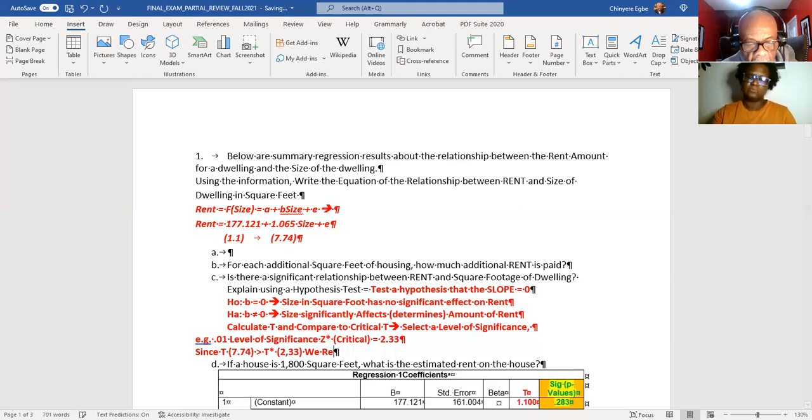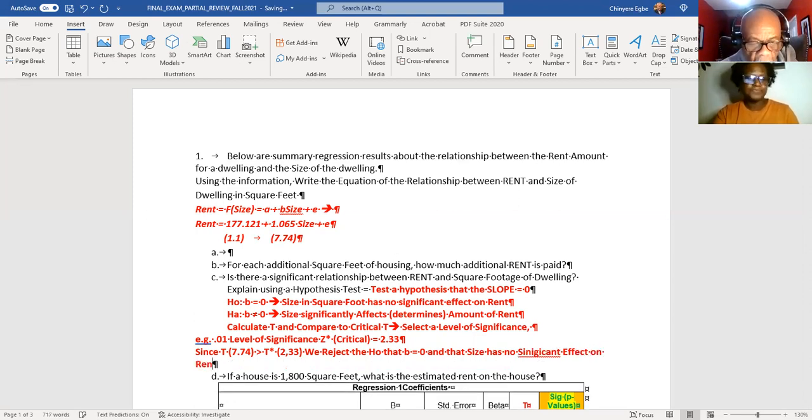So we reject the null hypothesis that B is equal to 0, and that size has no significant effect on rent amount. So let's correct that.